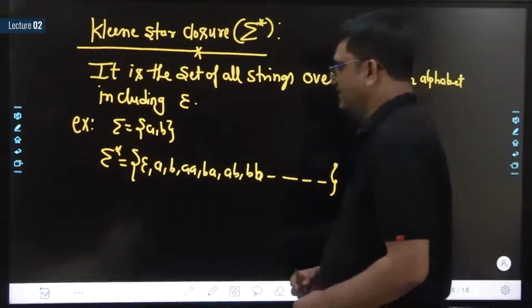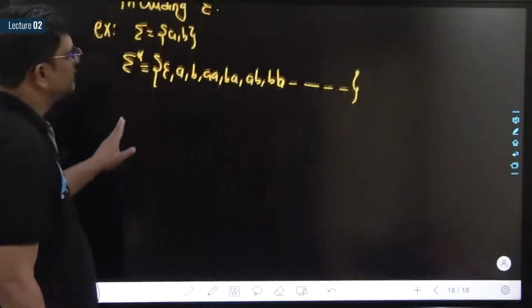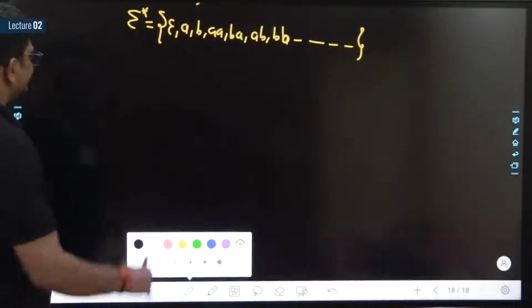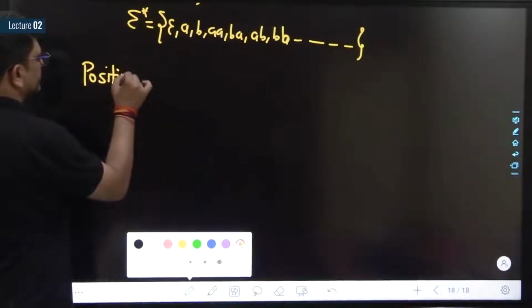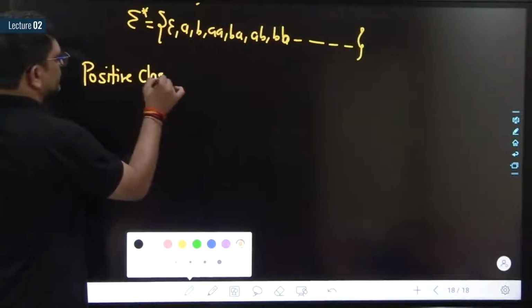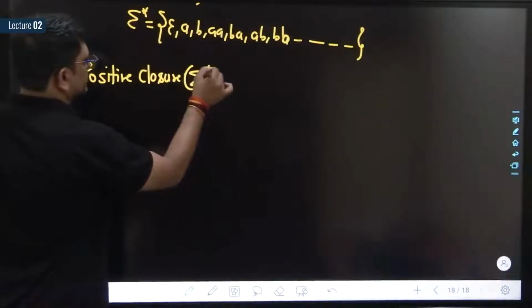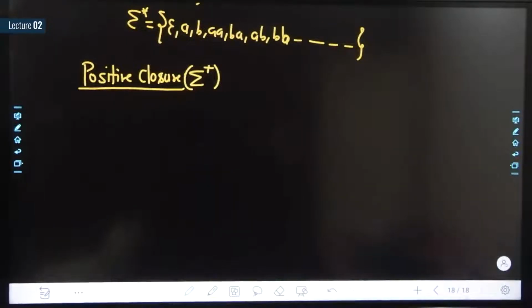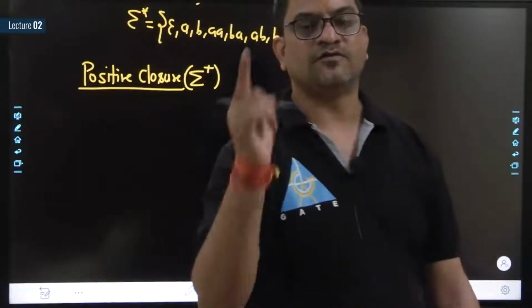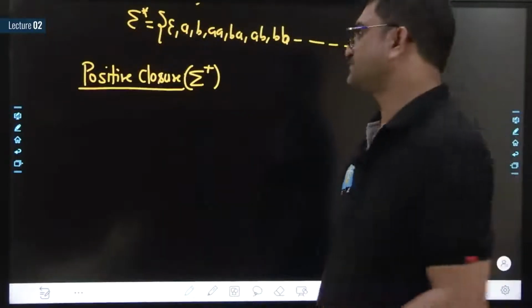Next, positive closure. It is a set of all strings over the given alphabet excluding epsilon.